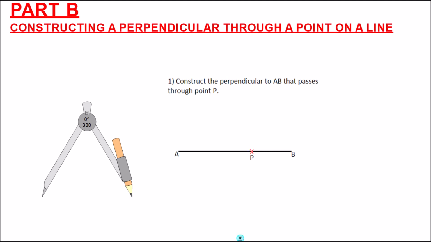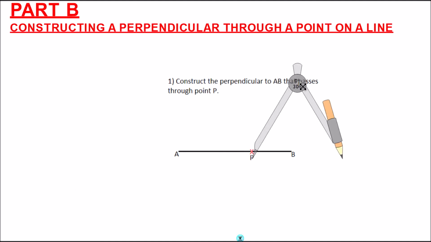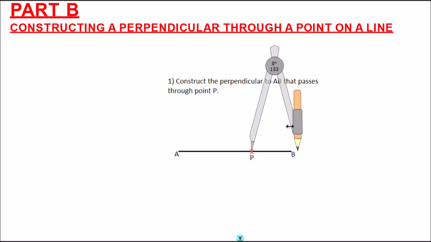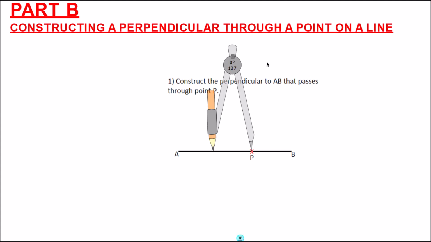So what we need to do for this one, first of all, is we get our compass and put the needle directly on the point through which we want the bisector to go through. Then we just narrow in the compass width so that it's able to touch both ends of the line, both here and at the other side.